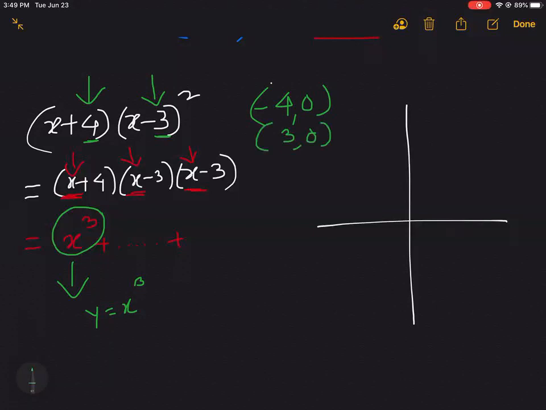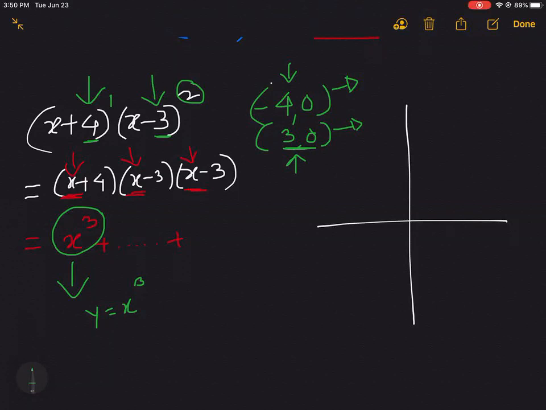And also, this one is a real 0 of multiplicity 1. So that means your graph will cross this point. And this one has a multiplicity of 2. That means even number, so your graph will not cross this. It will just touch that point and start going upward again.